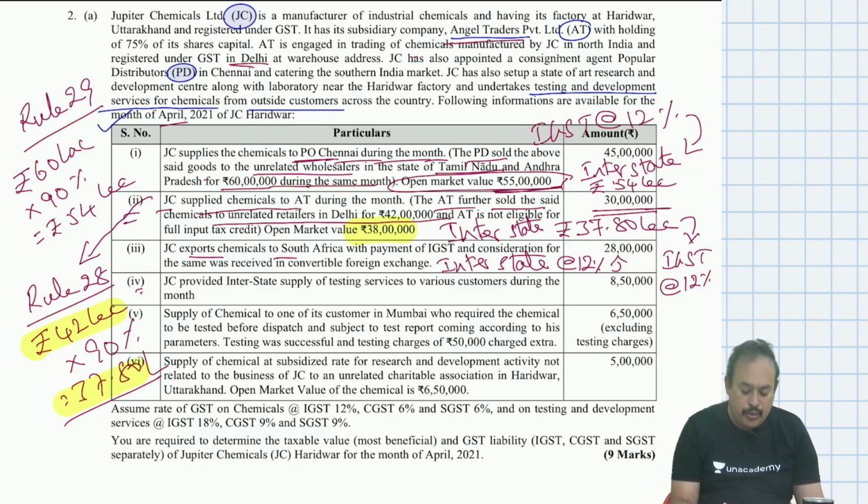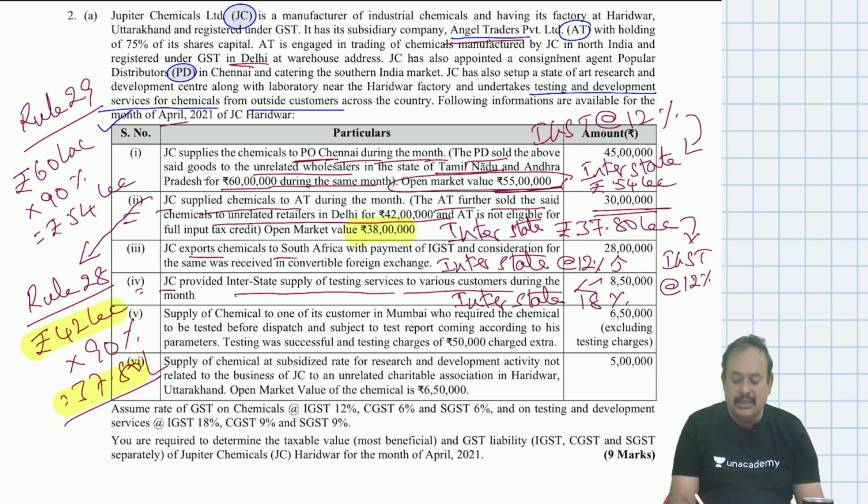Further, point number 4, Jupiter Chemicals provided interstate supply of testing services to various customers during the month. Outsiders. So services, which is interstate supply across the pan-India basis. So IGST 18% will apply on this.